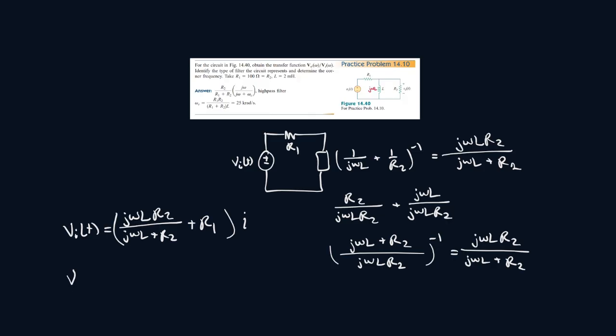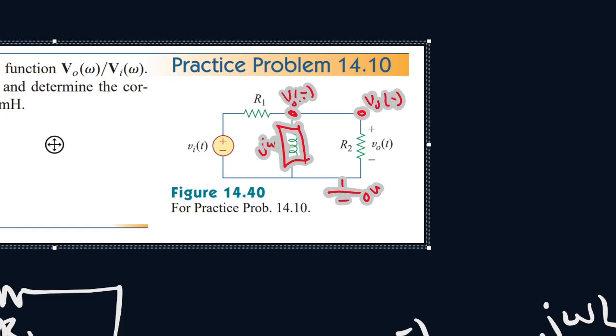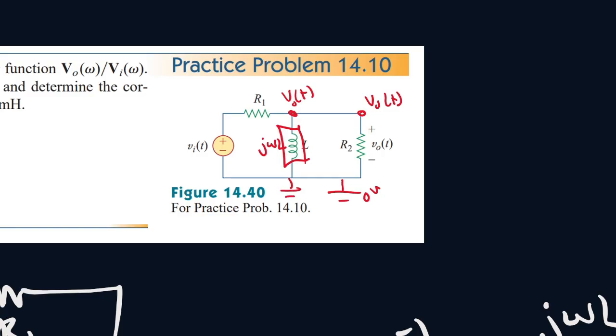Now, your VO of t is actually pretty easy to solve for, because notice here, this is grounded, so this is 0 volt. That means here it should be VO of t, and at this region it should also be VO of t, because this is just one closed node. So at this load here it would be VO of t, as this is also the ground.